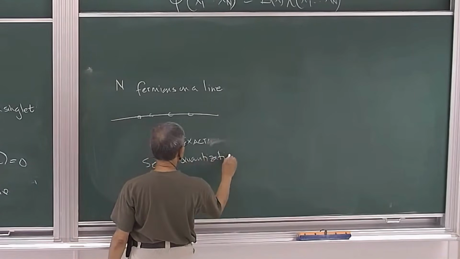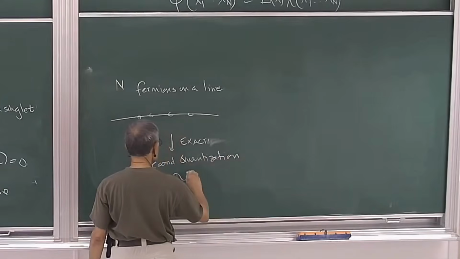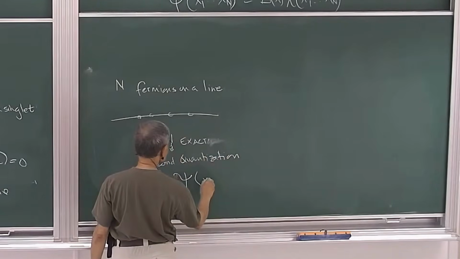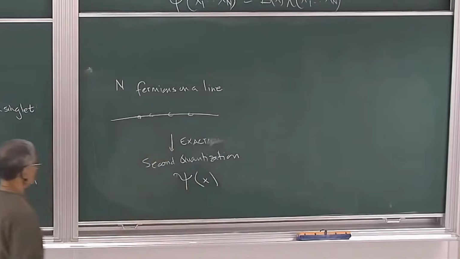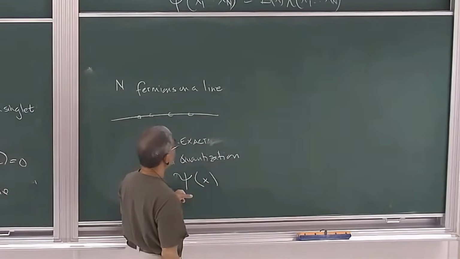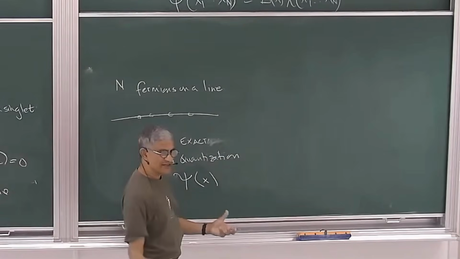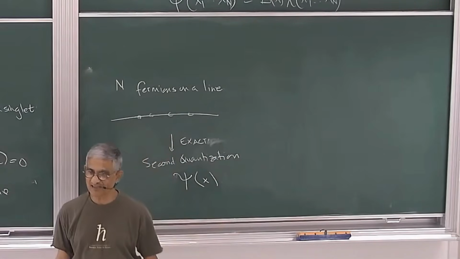So what does second quantization do? It introduces a field, psi of x. I'm just using the Schrödinger picture. I don't know why it is called second quantization, because the same psi was used.